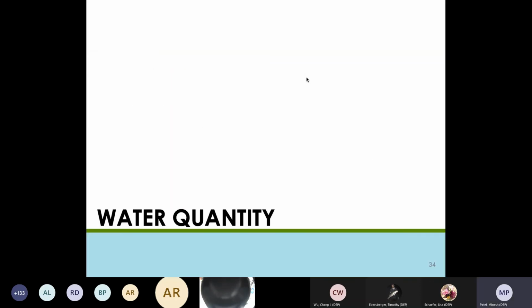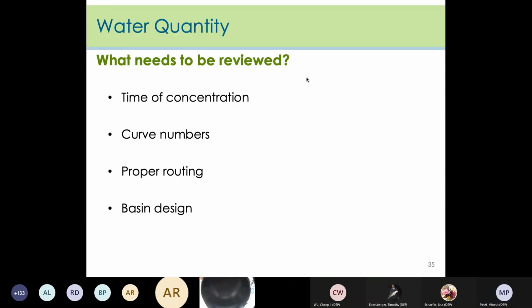Now let's check the water quantity. So water quantity, what needs to be reviewed: the time of concentration, curve numbers, that the routings are appropriate, and the basin designs.